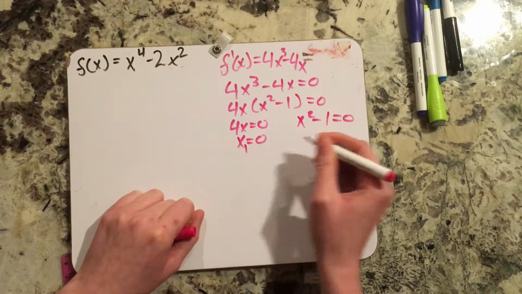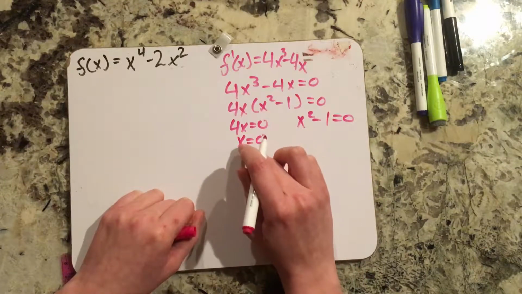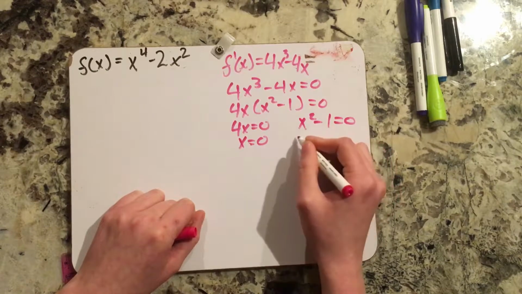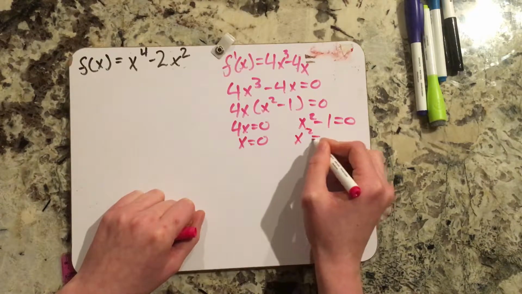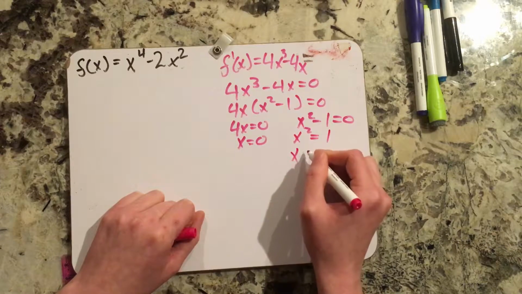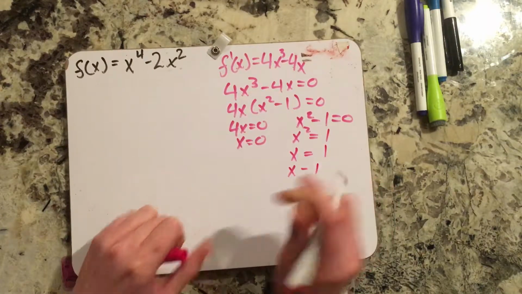And then for this one, x squared equals 1, square root that, which means I'm going to get plus or minus 1, so x is 1 and x is negative 1.